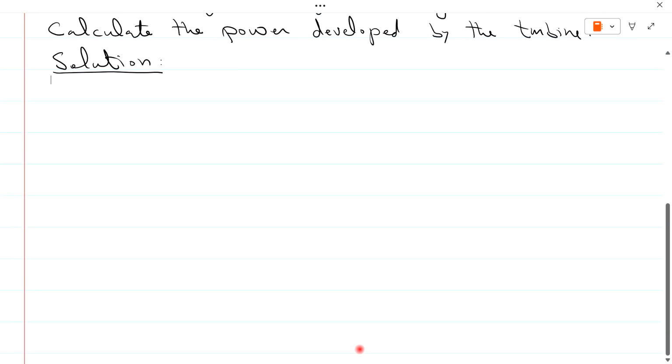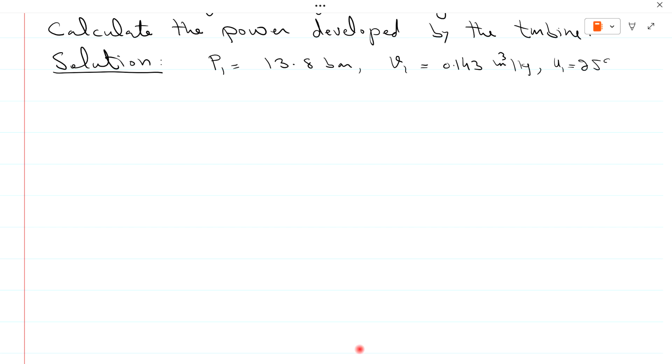So first we write the given data. Initial pressure P1 is 13.8 bar. Initial specific volume V1 is equal to 0.143 meter cube per kg. Specific internal energy U1 is equal to 2590 kilojoule per kg.